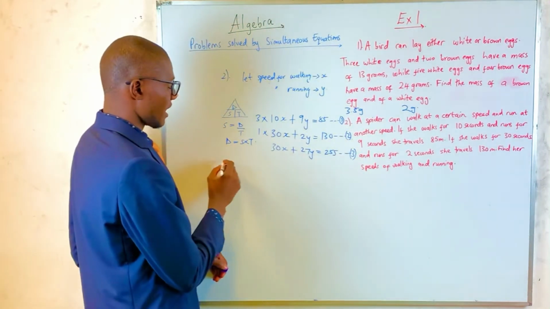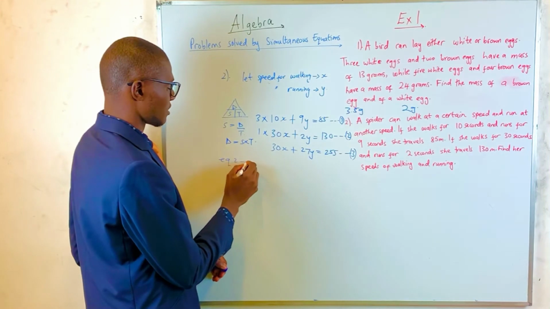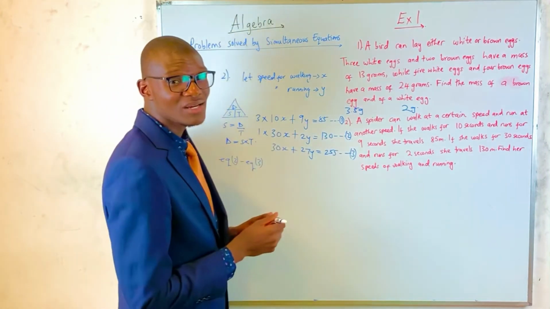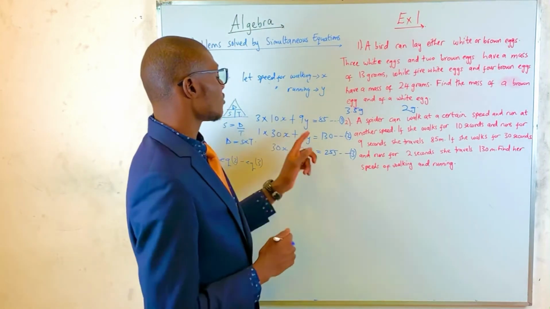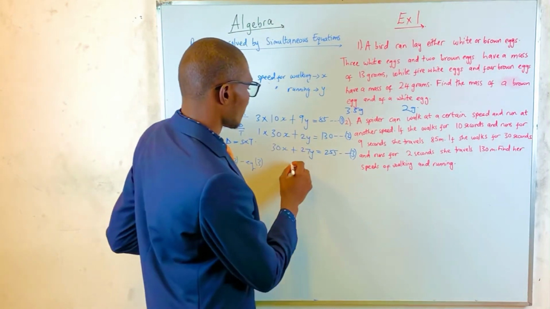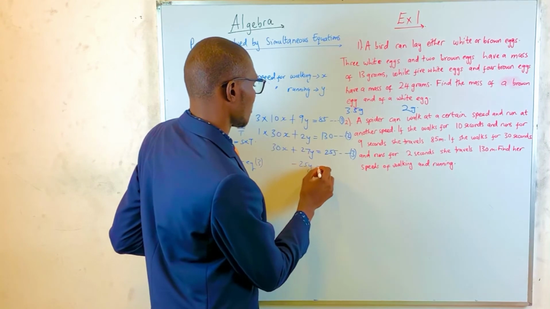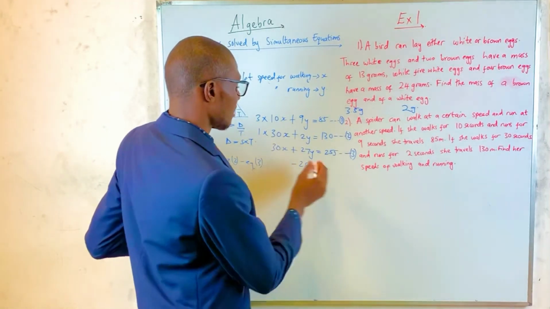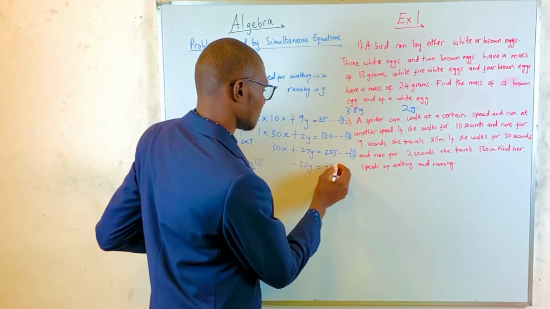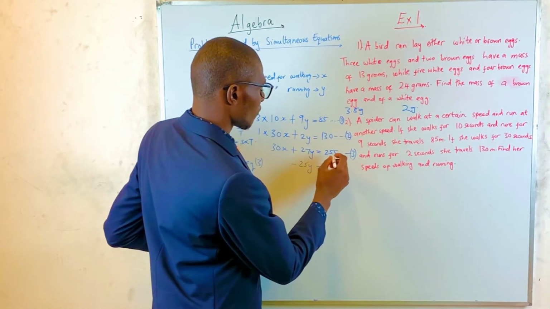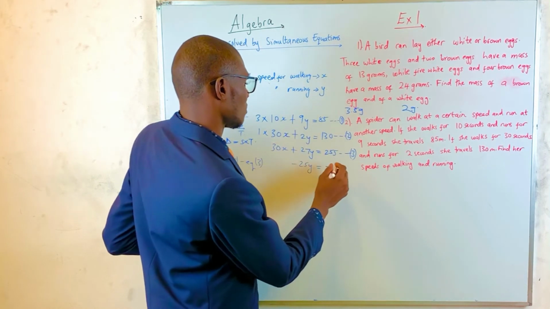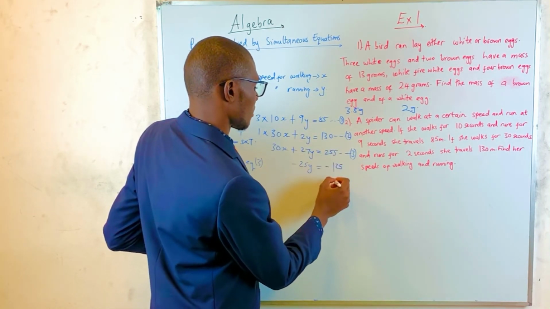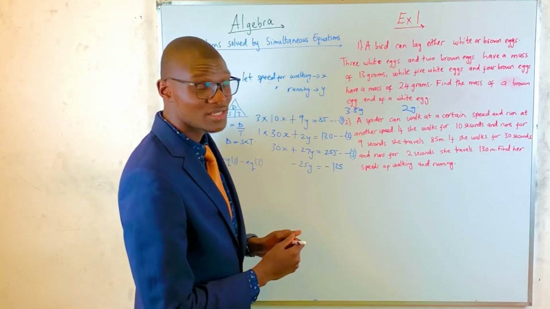To eliminate x, we take equation 2 minus equation 3, such that 30x minus 30x we get 0. Then 2y minus 27y gives minus 25y, being equal to 130 minus 255, that's minus 125.